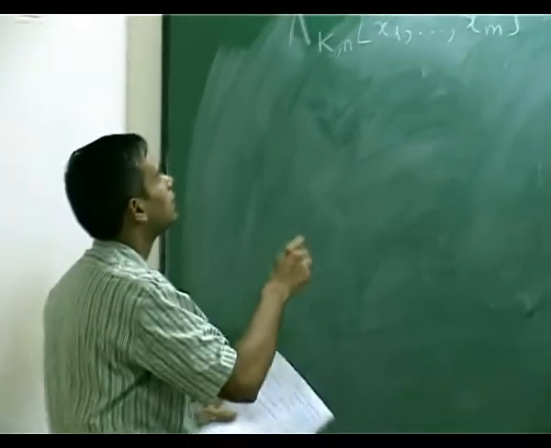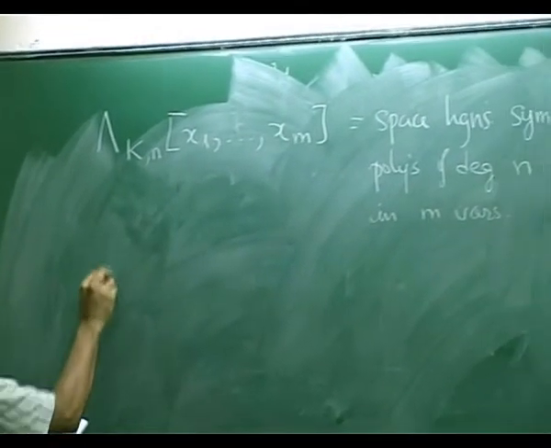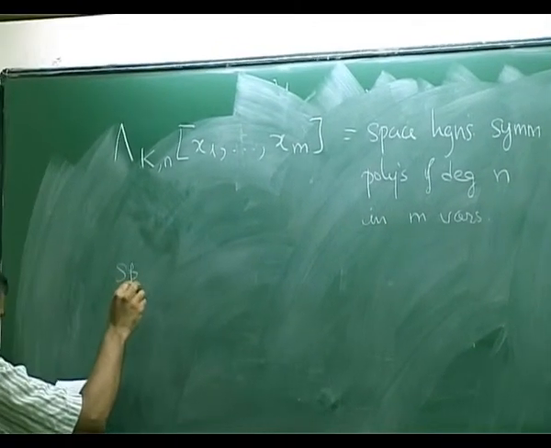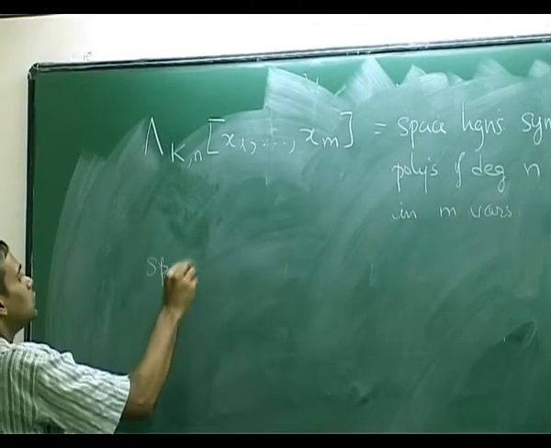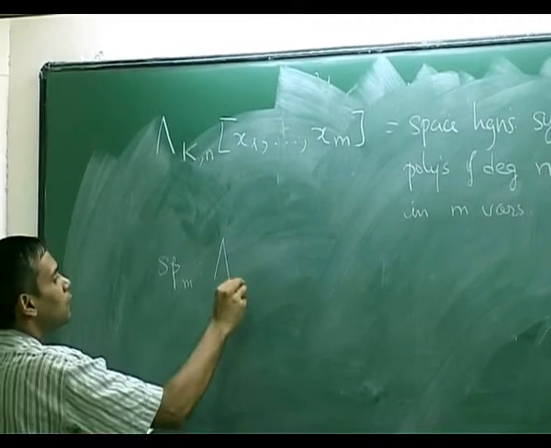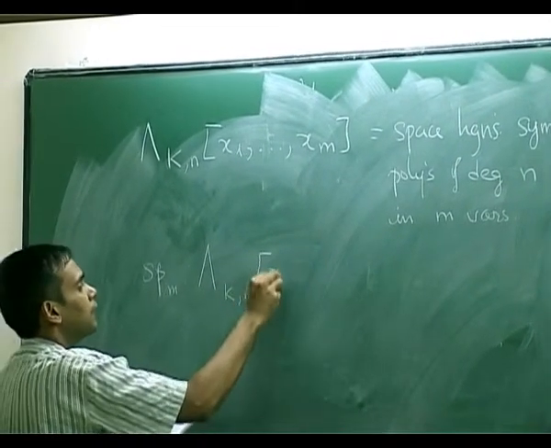And you can change the number of variables, so you can define a specialization map which takes the thing over m variables to the thing over m minus 1 variables.